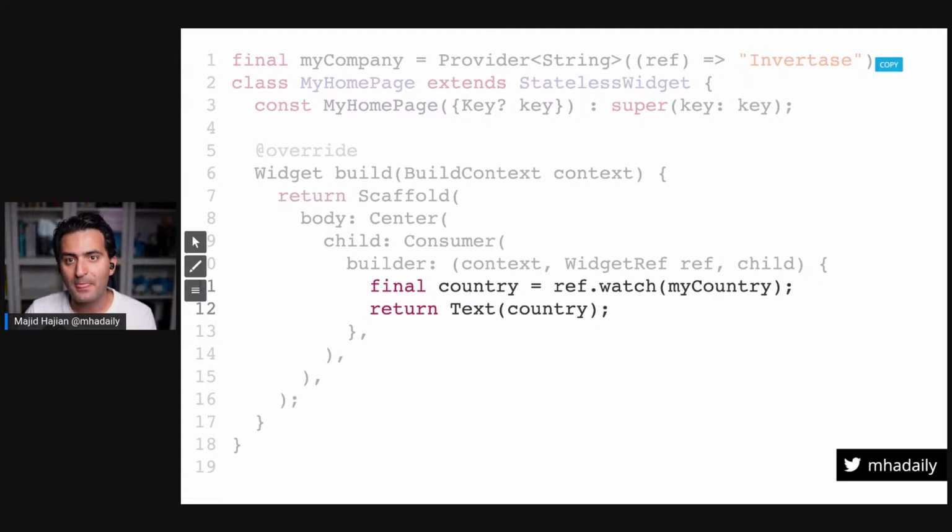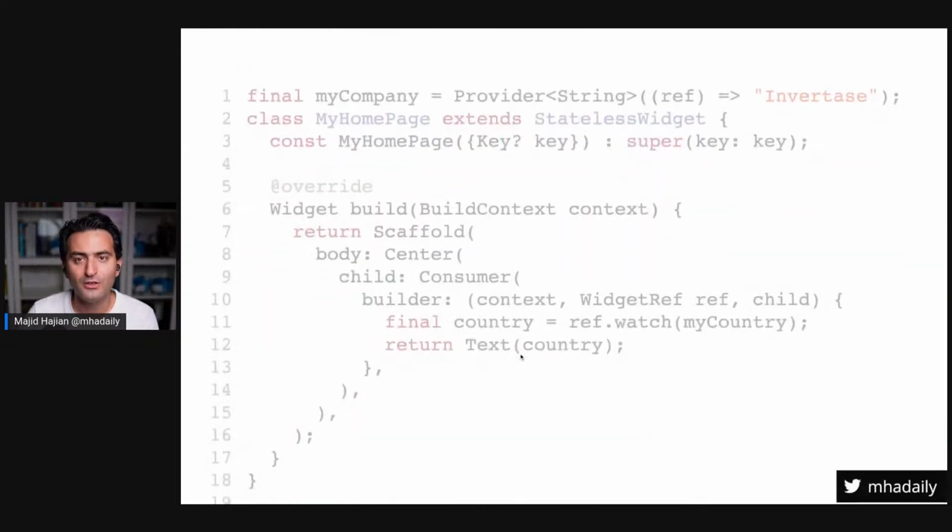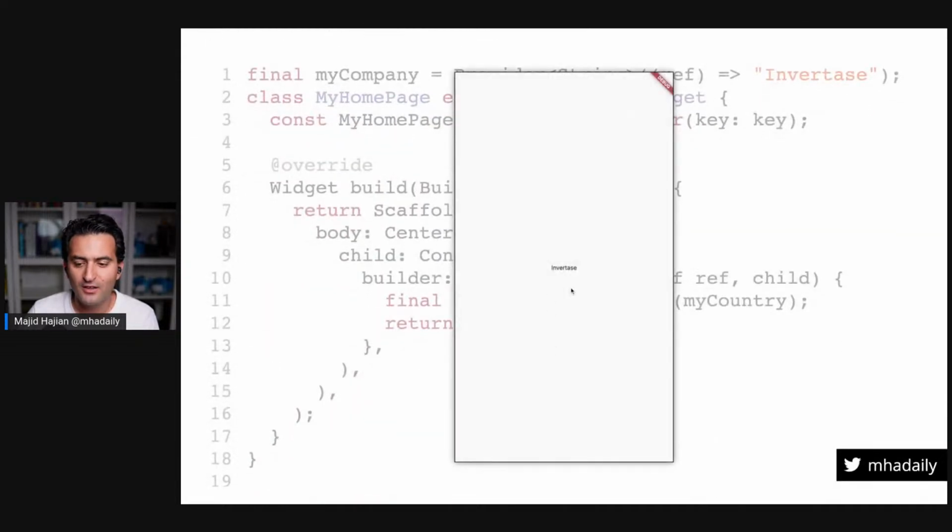So if I now run this piece of code, I would see just a simple application that is showing this text. But that's a very basic one, and very similar to what you've probably done before with the provider package.